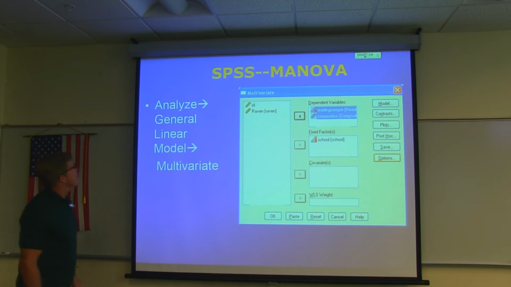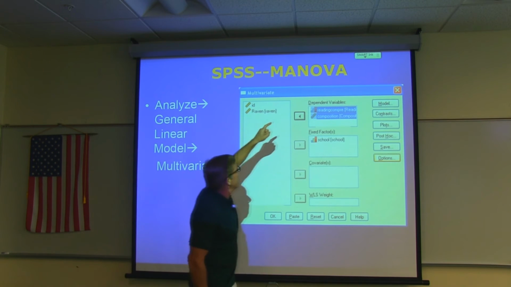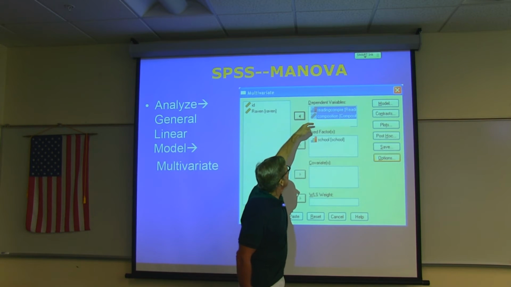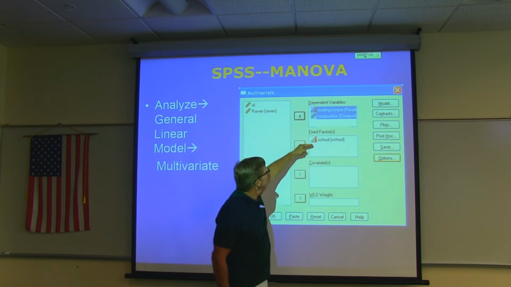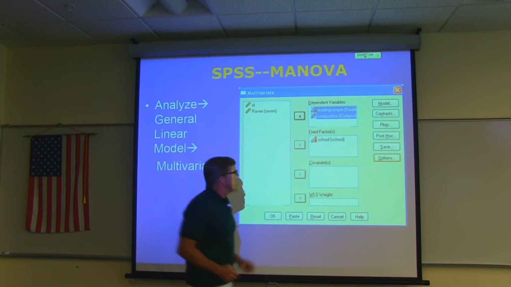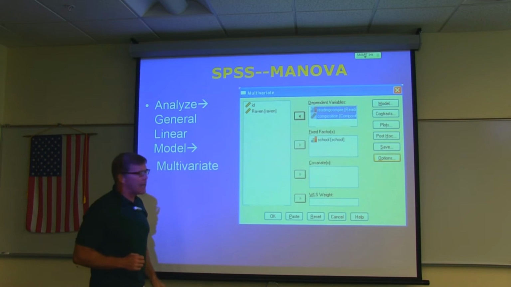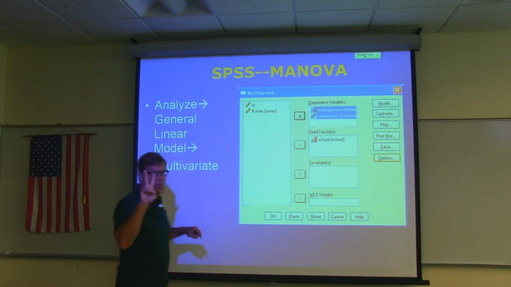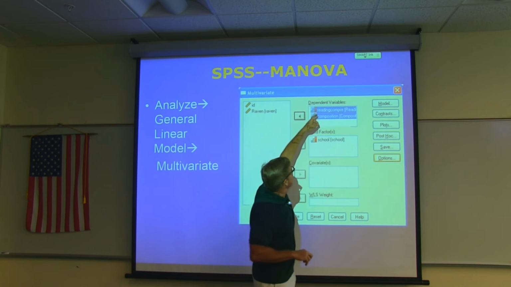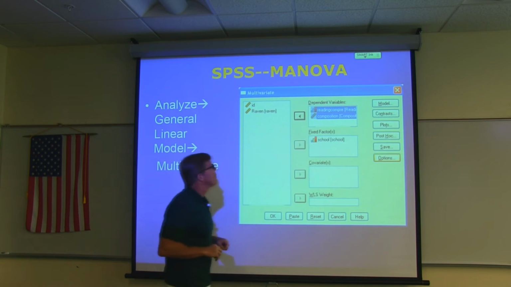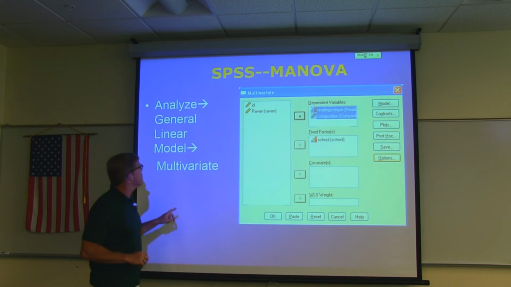We have two dependent variables, reading comprehension and composition, and a fixed factor, which is factor A, school, most likely type of school. We're wondering what the effects of the different types of school are on the two DVs, reading comprehension and composition. Let's advance the screen here.